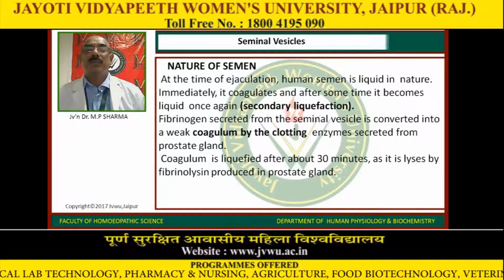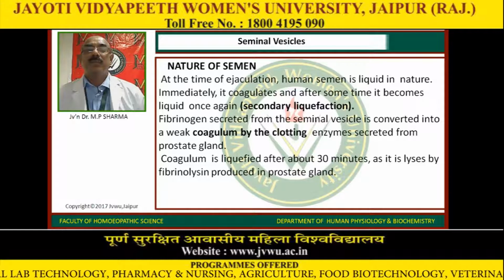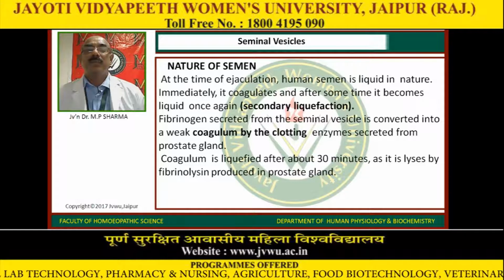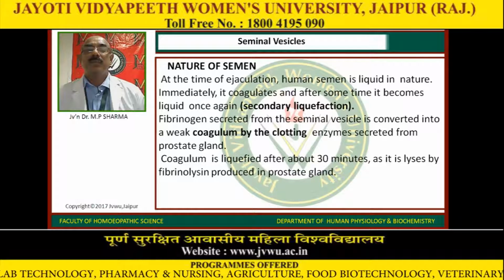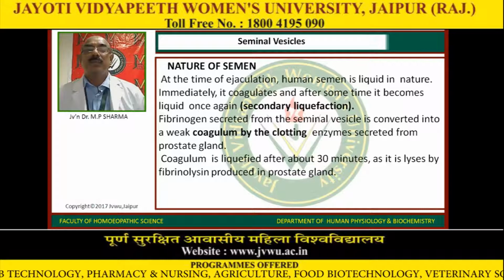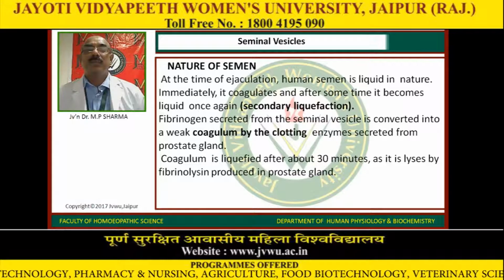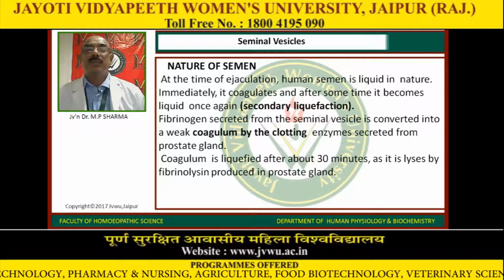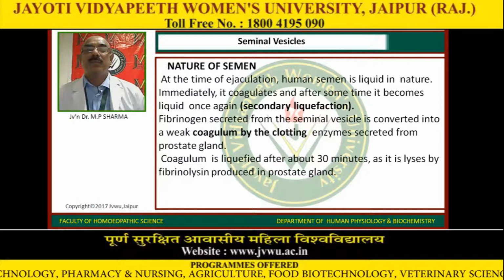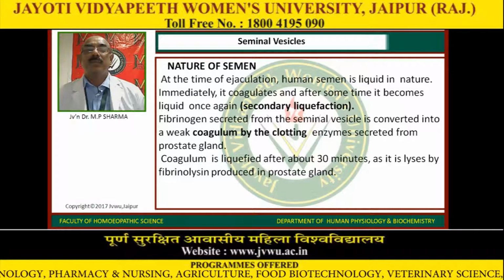Nature of semen. At the time of the ejaculation, human semen is liquid in nature. Immediately it coagulates, and after some time it becomes liquid once again. That is called secondary liquefaction. Fibrinogen secreted from the seminal vesicle is converted into a weak coagulum by clotting enzymes secreted from prostate gland.